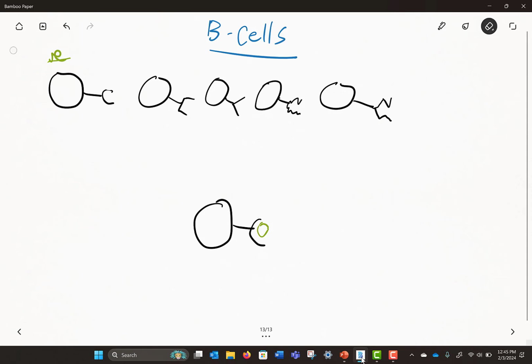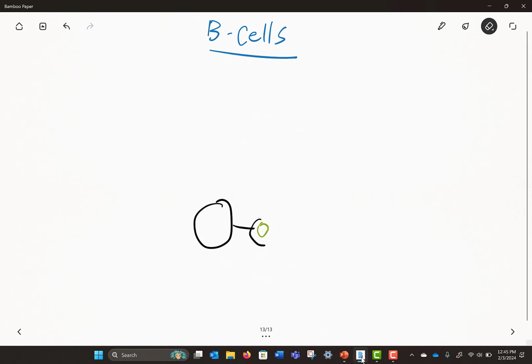What we are concerned with is now what happens to this B cell. He's going to take that foreign antigen, find a helper T cell. Remember, helper T cells are the ones that turn our immune system on. And he is going to show that antigen to the helper T cell. So basically what he's saying is, hey, I found this.